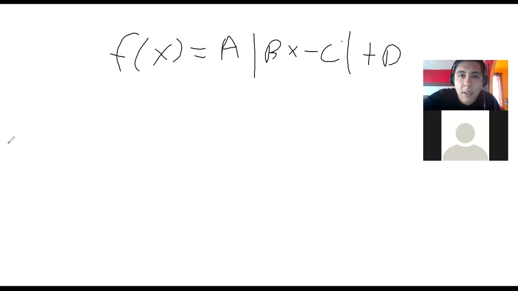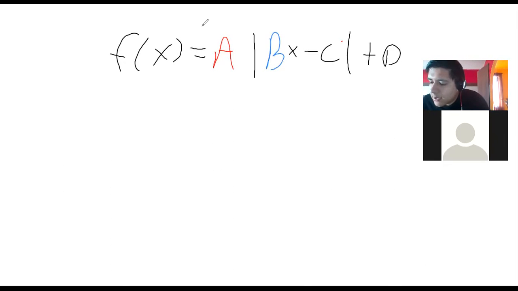Okay. Now, what we're gonna do this week is we're gonna focus on this part right here, which is the A and the B part. Well, not so much the B, because it can get a little confusing.